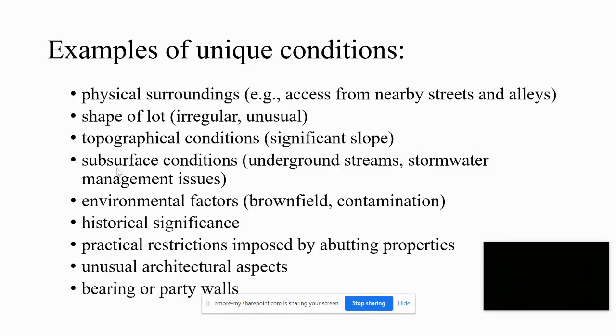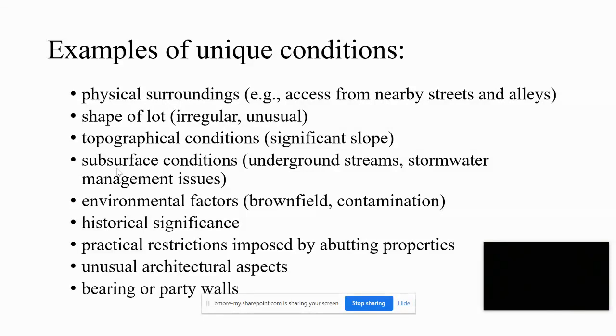If there's a significant slope or some other kind of topographical condition, subsurface conditions like underground streams or stormwater management issues, or environmental factors, maybe you can't build on some part of your lot because there's environmental contamination on it and it's not buildable for some reason. If there's some kind of unique historical significance that doesn't apply to the neighborhood in general but applies specifically to this property, that might be a unique condition.